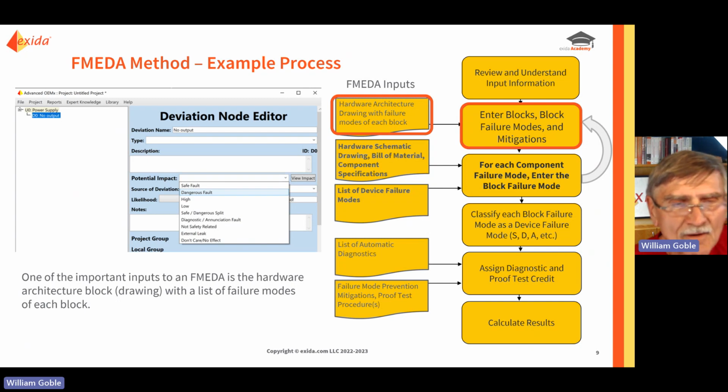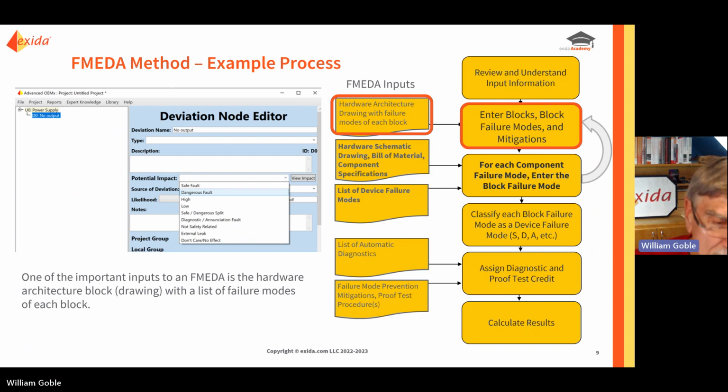For example, on the left side of your screen, you see a power supply block. One of the failure modes of the power supply block is no output. Power went to 0. In this particular example, that has been classified as a dangerous fault because this particular device is energized to trip, and without the power supply, we cannot execute the safety function.